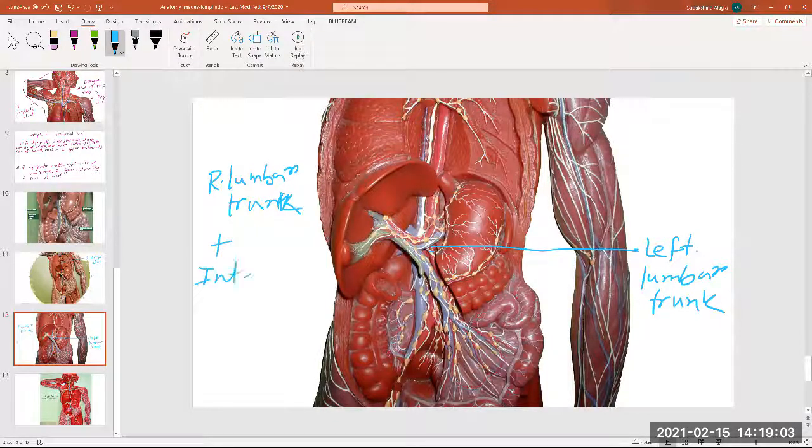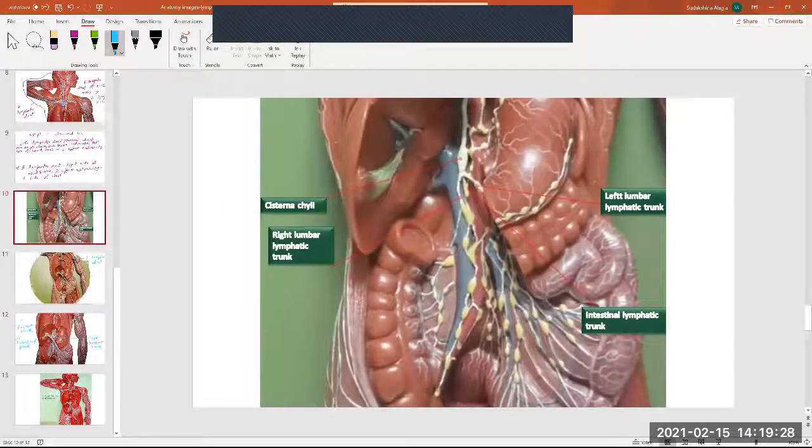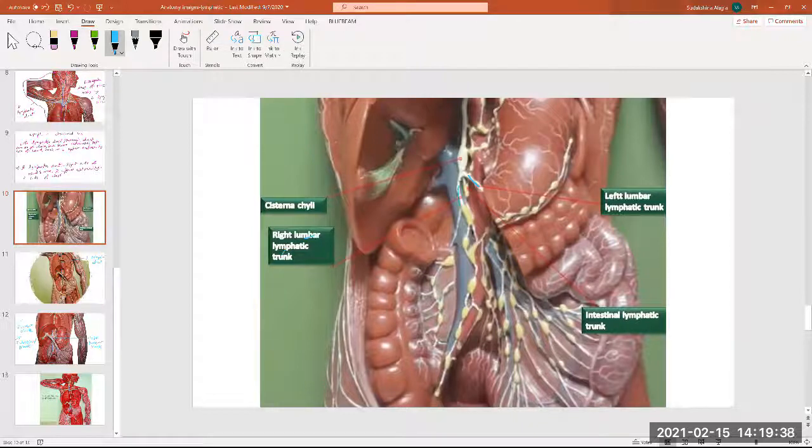So two other lymphatic trunks that you can't see here basically are also draining the lymph together. So we'll find another place to look at those. So this left lumbar trunk right here, left lumbar trunk, right lumbar trunk here.